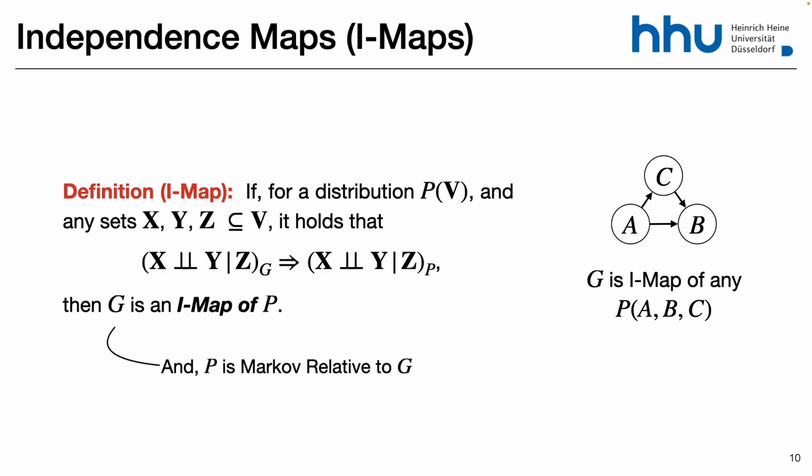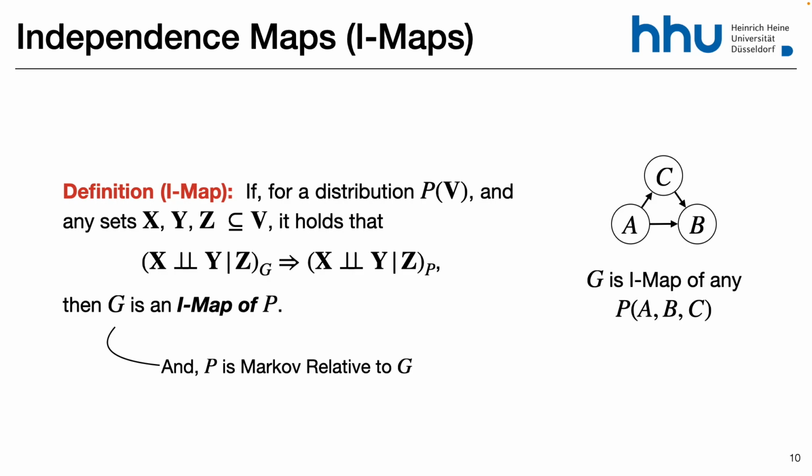So in this case, G is an IMAP of the probability. Why this is true, I'm just going to tell you. From this graph, there's no independence holding because all the variables are connected. You can see B is independent of its non-descendants given the parents, but the parents are both C and A. You can try to write all the factorizations for any topological order for this graph, and you're never going to simplify it.